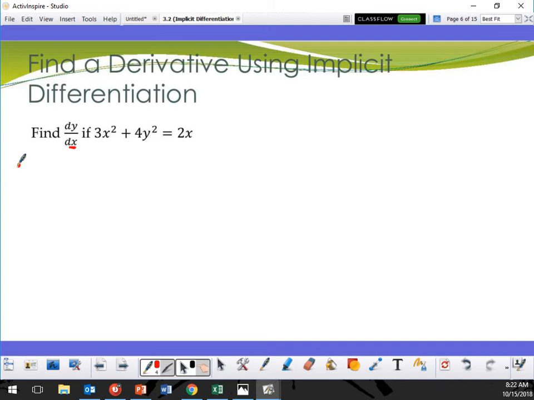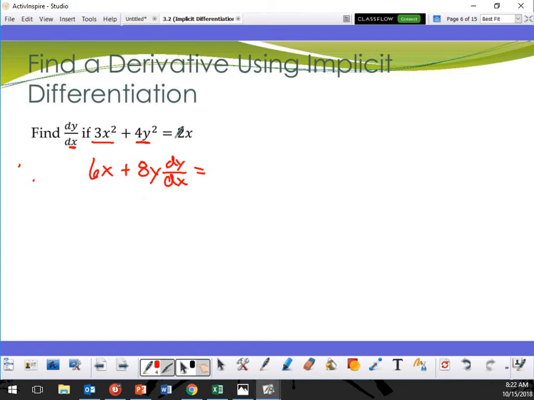So, in this case, what would be the derivative of just this piece? 6x. Okay. Plus, what would be the derivative of just this piece? 8y dy/dx, right? Because in this function, I'm taking the derivative of everything in terms of x. That's why it's a dx right there. Equals.